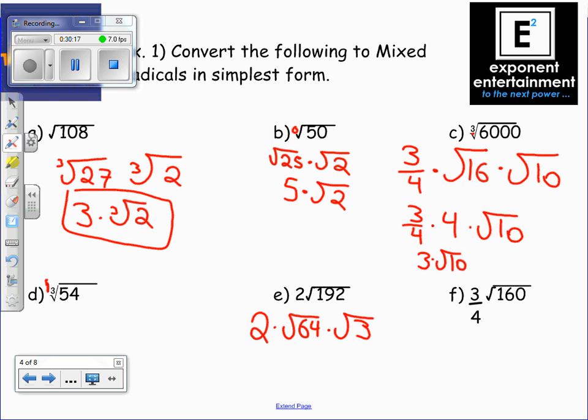And then multiply 0.75 by the square root of 160. And what do you get? 9.486. Okay, and now try our final answer. Square root of 10 multiplied by 3. And you got the same thing. That's how you can test your answer.